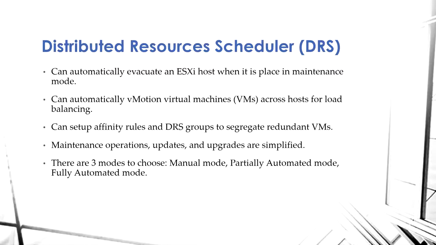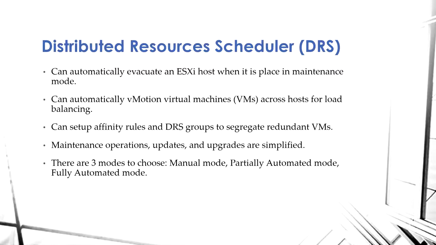However, it can also automatically vMotion virtual machines across hosts for load balancing. You can set up affinity rules and DRS rules to separate redundant virtual machines. So this is great for maintenance operations, updates, and upgrades because those are simplified.